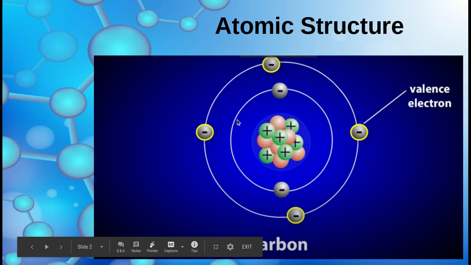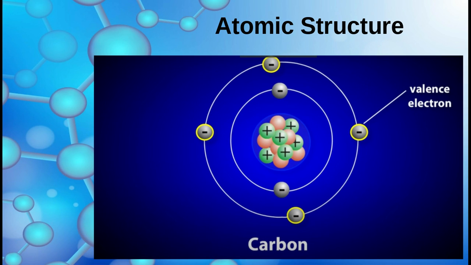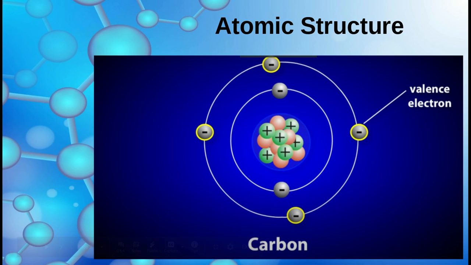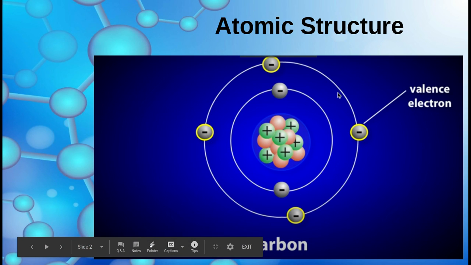With all atoms, the first energy level can only hold 2 electrons. The next energy level can actually hold 8. But if we're looking at carbon, we can only see 4 because that's all the number of electrons that it has. So it is not considered a full level out here, but this inner level is considered full.